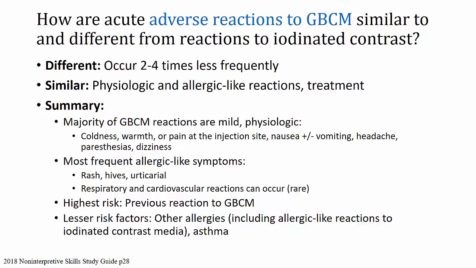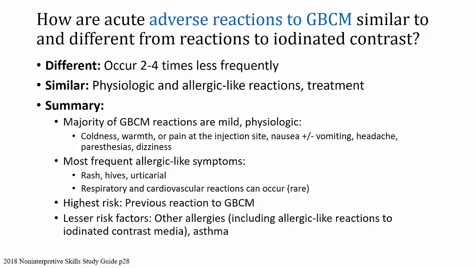So in summary, the majority of gadolinium-based contrast media reactions are mild and physiologic, including either coldness or warmth or pain at the injection site, nausea plus or minus vomiting, headache, paresthesias, or dizziness. And the most frequent allergic-like reactions are rash, hives, and urticarial reactions. Respiratory and cardiovascular reactions can occur but are rare.